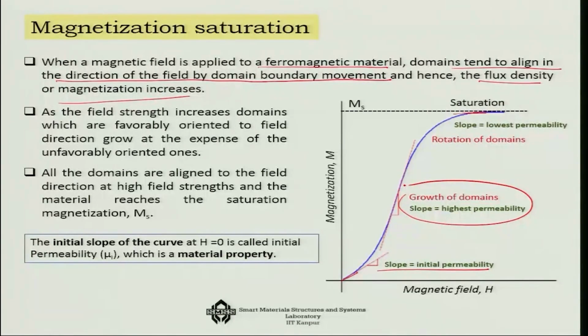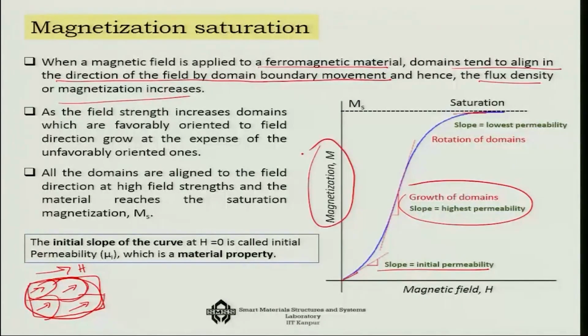The domains are not stationary in nature. Each domain is going to increase in size with respect to the magnetic field, becoming bigger and bigger. This is the growth of domains, and as a result the magnetization is also increasing.